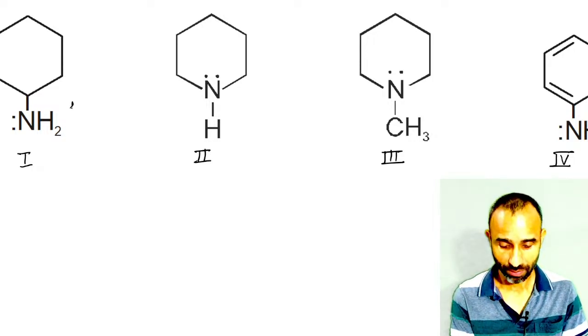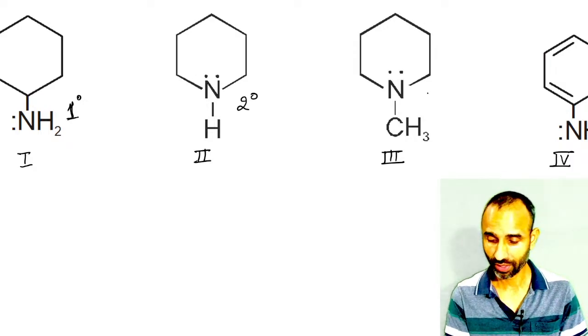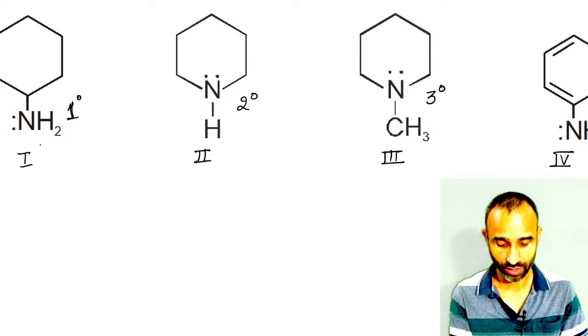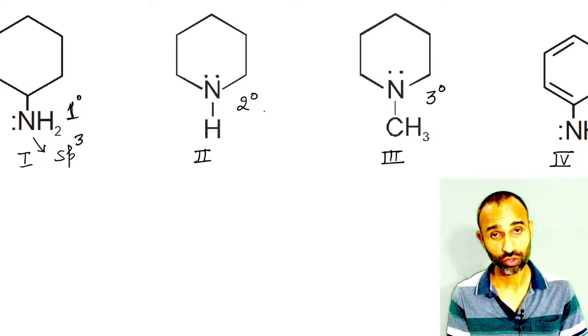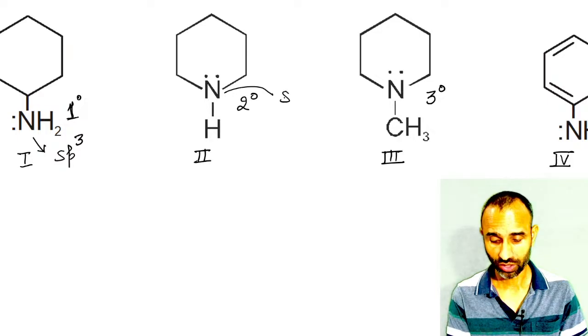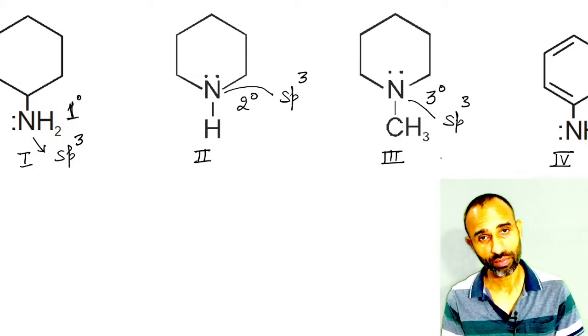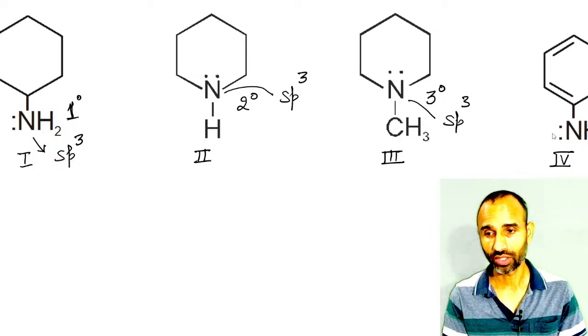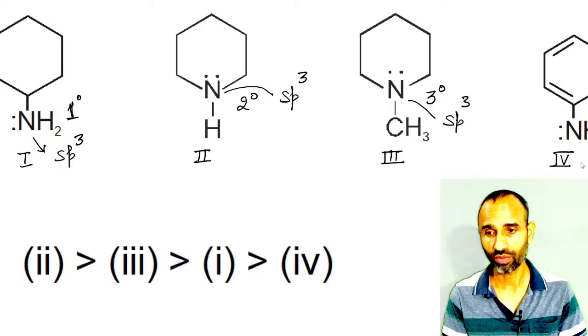This one is primary amine, this is secondary amine, this one is tertiary amine. And in the first case, what is the hybridization of nitrogen? That is also important. Hybridization of nitrogen, sp3, sp3. They have the same hybridization, but in this case what is the hybridization of nitrogen?